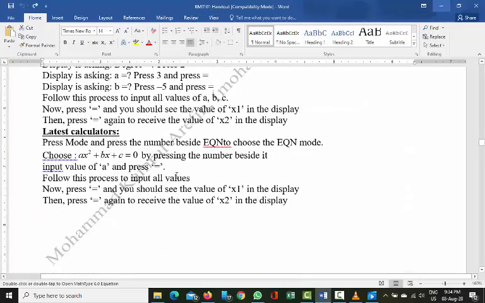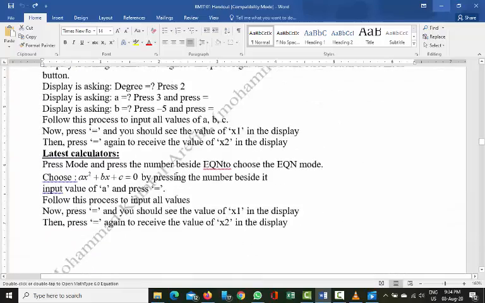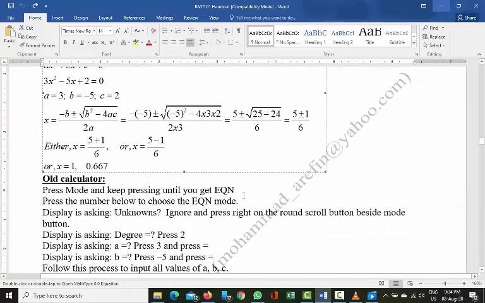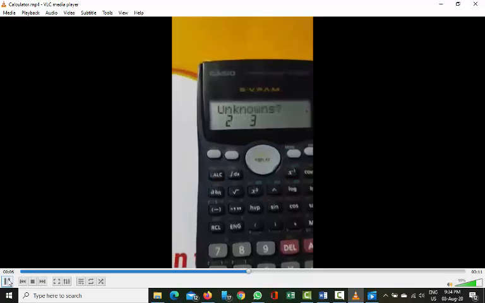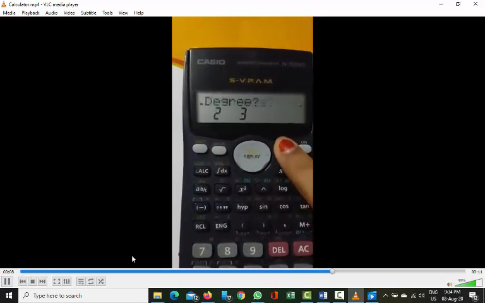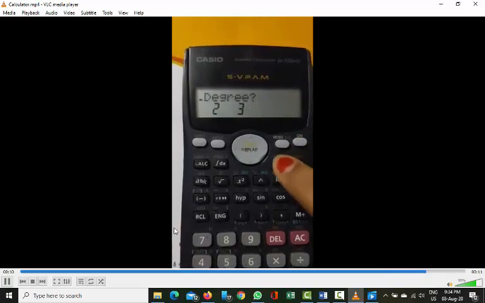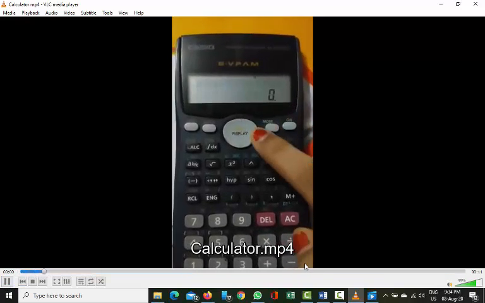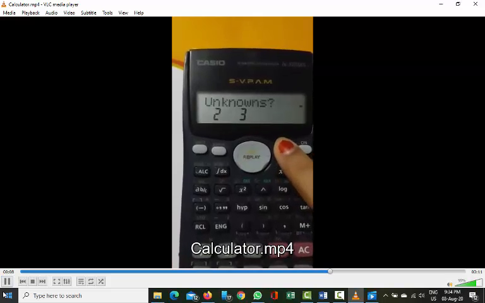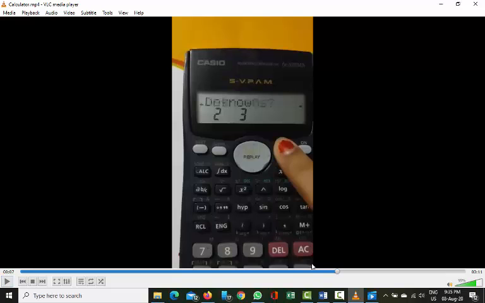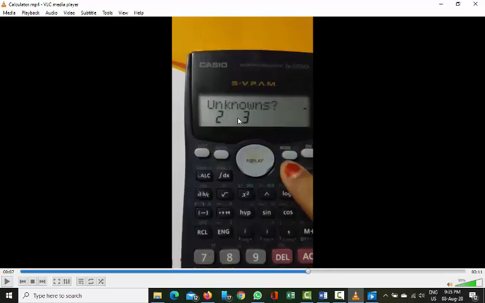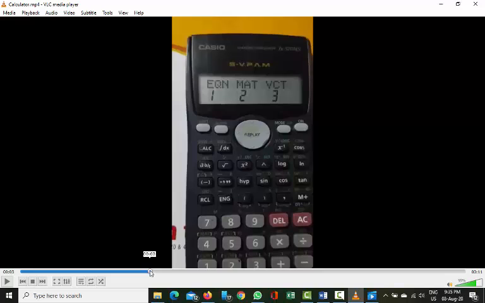But if you are using the old form of calculator, that means this form of calculator, what do you have to do? You should choose equation mode.